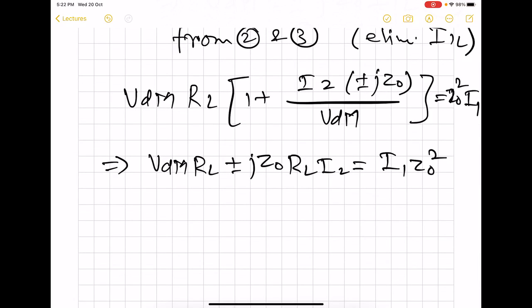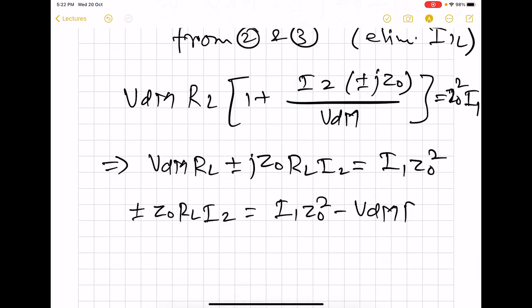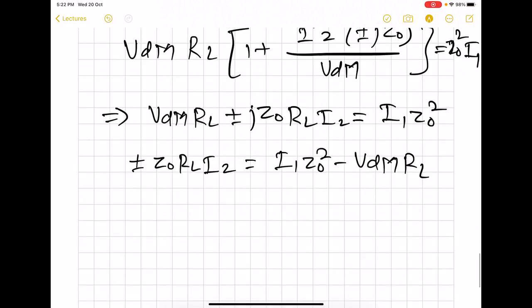What we want is I2, so we'll keep I2 on one side. From here, we can find out plus minus j I2.